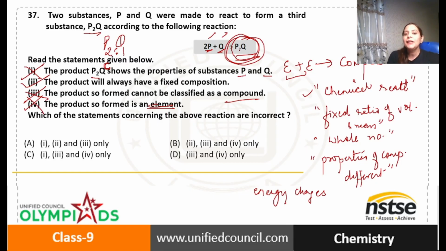But here it is formed by the combination of elements, so definitely it's a compound, not an element. We need to tell which statements concerning the above reaction are incorrect. The option which states 1, 3 and 4 will be the right answer. That means option C is the right answer.